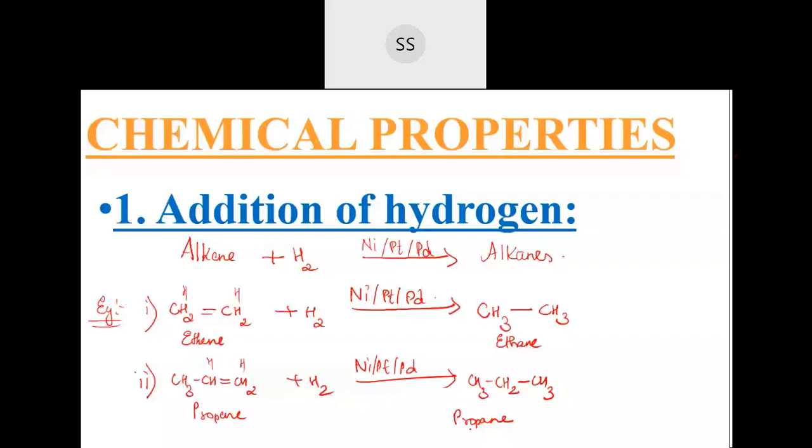When you see hydrogen, your job is just to add that hydrogen across the double bond. One hydrogen here, one hydrogen on the other side, and break that bond. So CH3, CH2, single bond CH3. Be careful that the numbers of atoms are satisfied. Propane. Write it down now. That's all.